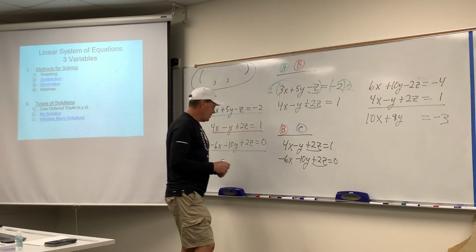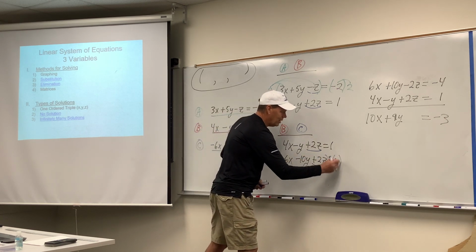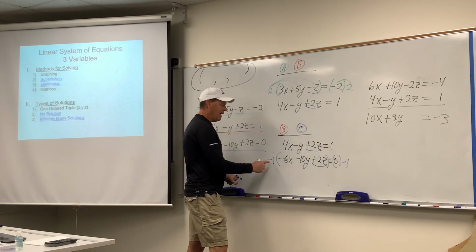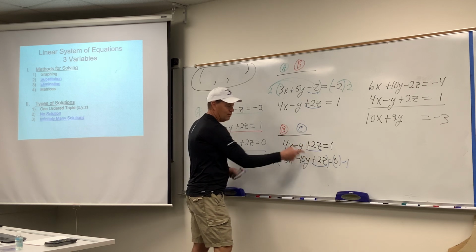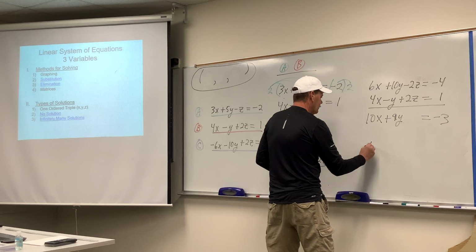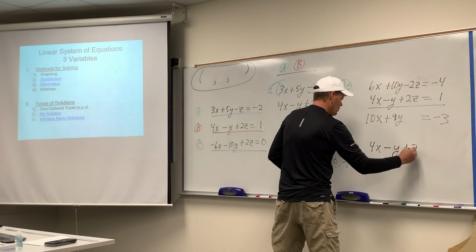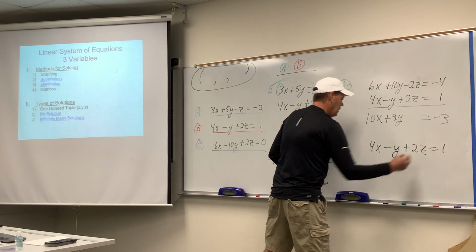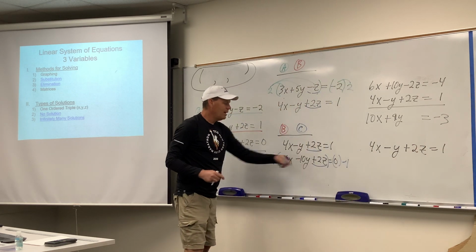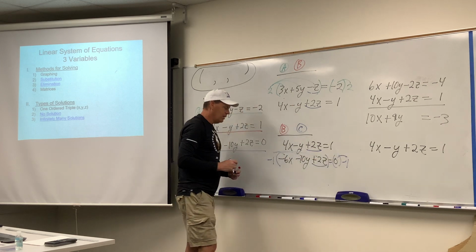So let's just say, for the sake of discussion, that we multiply the bottom one by -1. That'll end up with a plus 2z and a minus 2z. Yay! So I'll transfer over that top one, plus 2z. Distribute a negative to every term in that equation.